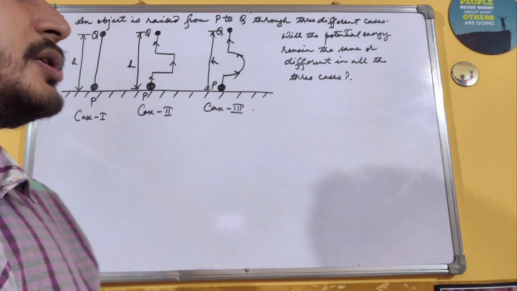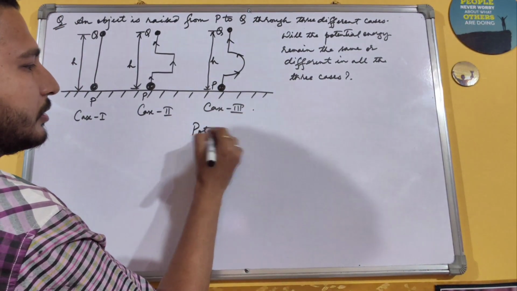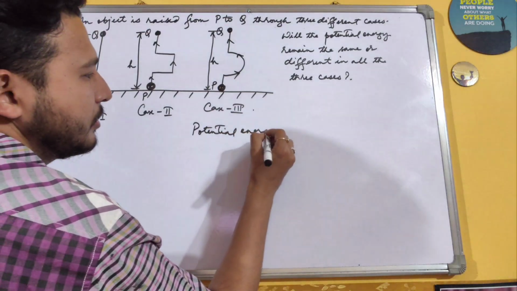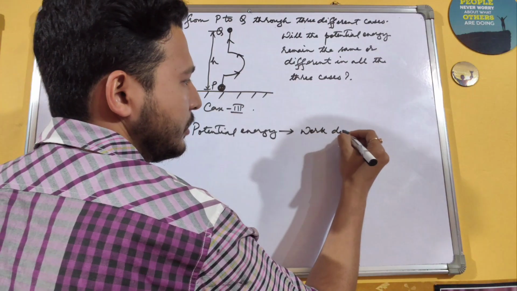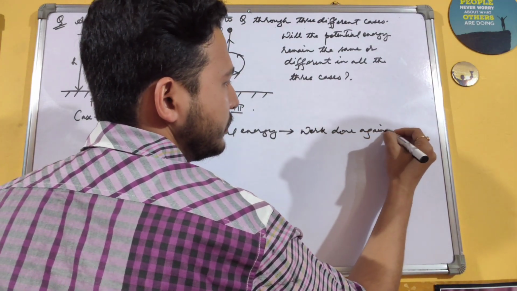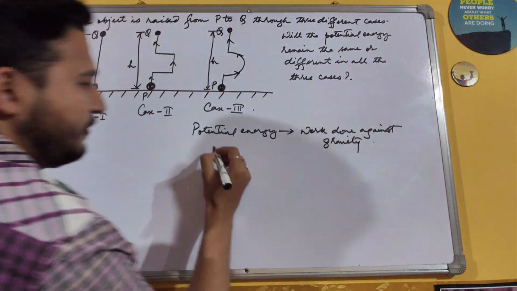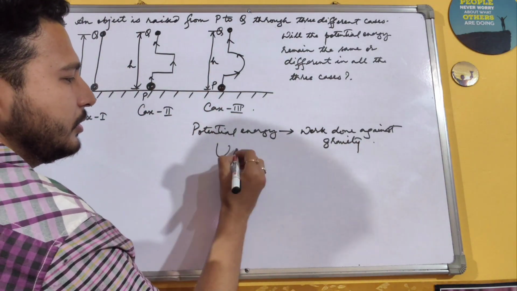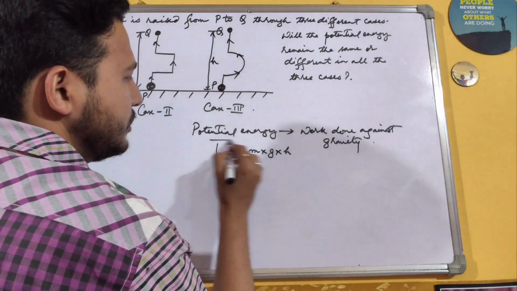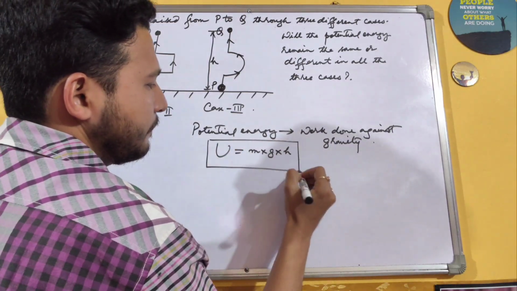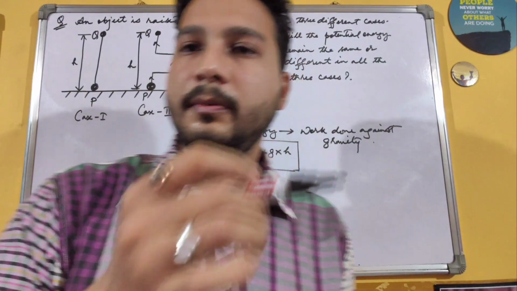Now potential energy, which we call work done against gravity, has a formula U is equal to m into g into h, which means the potential energy depends on the height to which the object has been raised.